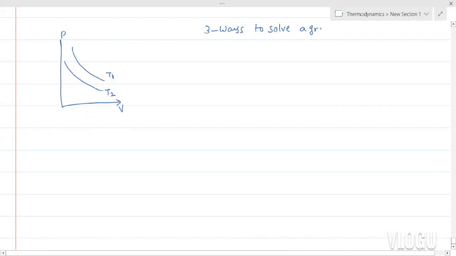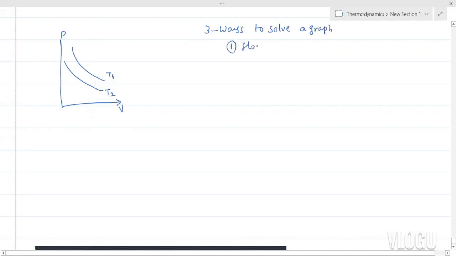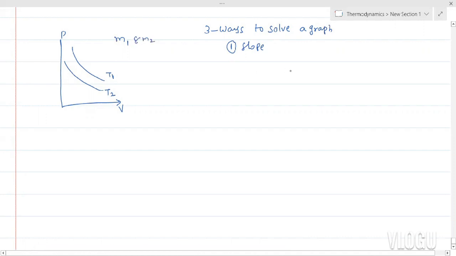The first way is to check the slope. But in the present problem, we need the relation between the quantity of the gas, M1 and M2. By solving dP by dV, there is no relation we have for M1 and M2. So this option is not valid.